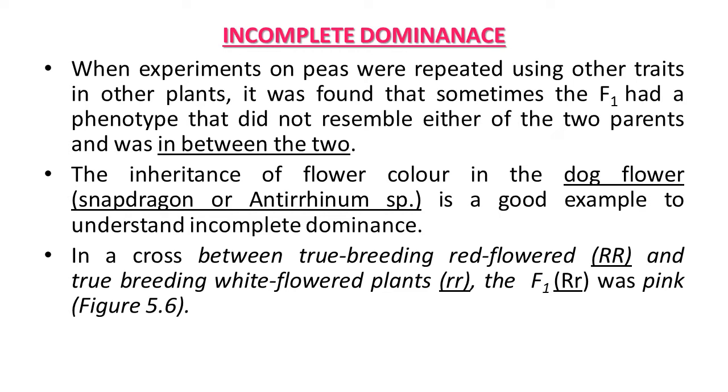Actually it was a pink color flower. So here we can say capital R is responsible for red color, small r is responsible for white color. The F1 generation shows pink color flowers, but in the parents it was red and white, no pink flower was observed. We are going to study this case in detail in the next figure also.